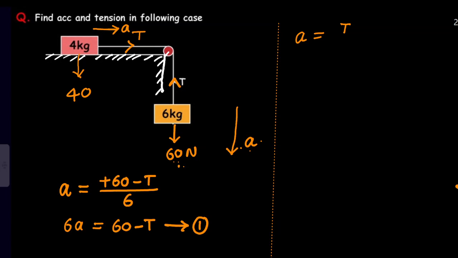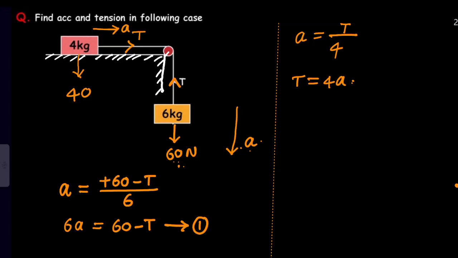So positive X and negative X we have to consider, and X and Y we should not mix. Now tell me, apart from T, is any other force acting on this body? No force. So divided by mass, the mass is how much? 4. That's it.